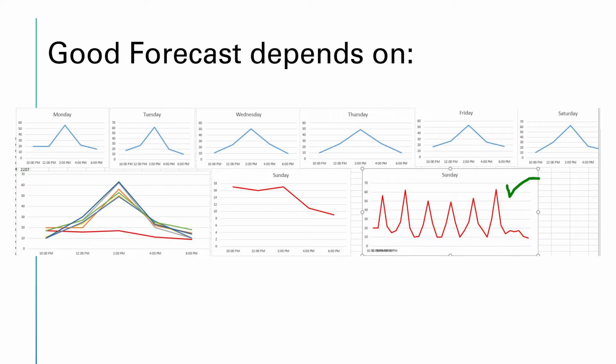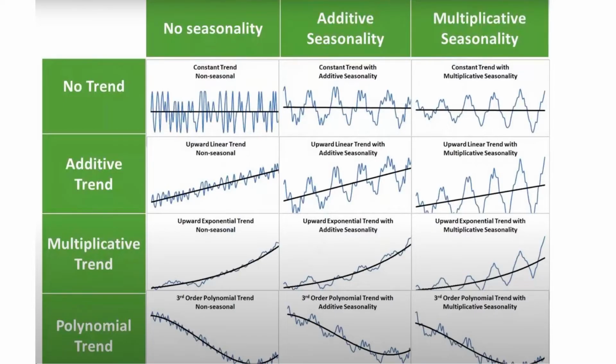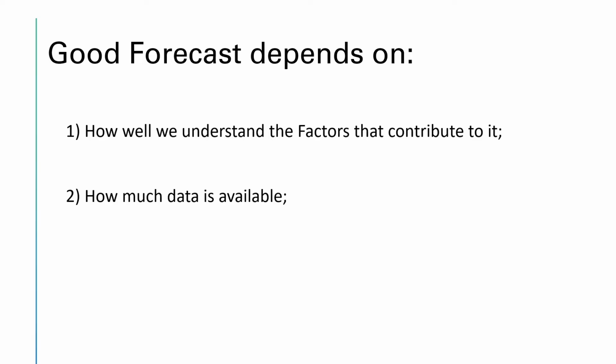In general, it is advisable to cut the line chart by pre-estimated time periods and see if it fits, as you see in the picture. In the matrix you see that seasonality may have an additive or multiplicative pattern, and likewise the trend. You should understand the data as soon as you first see it. Next is how much data is available. In this section you should not concentrate only on the volume or sequence of data.